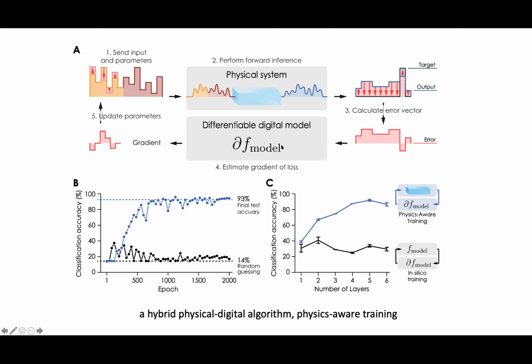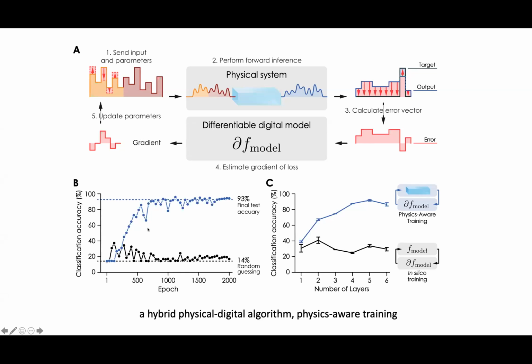For the backpropagation, you still need a model to do the differentiation, because the physical system is not differentiable. It's just a system there, and you don't know the differentiation. So you basically need a model to calculate the differentiation, and then you get the gradient. I will go to the details of this part in the next slide.